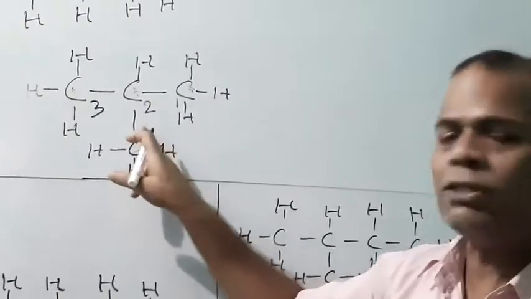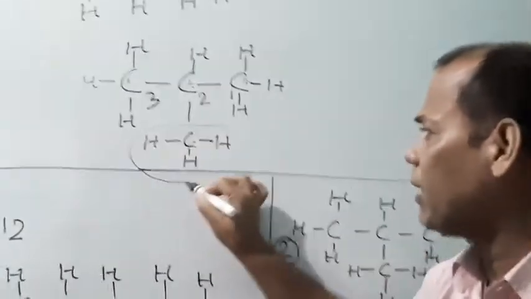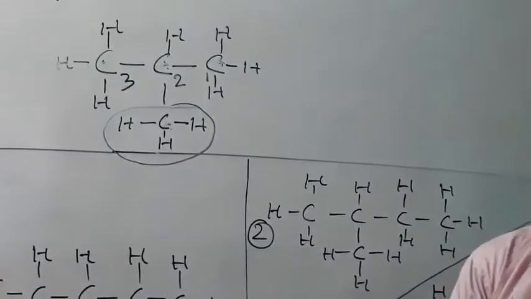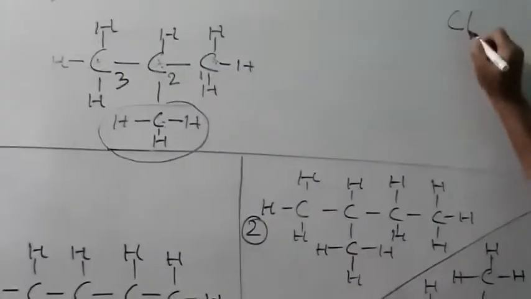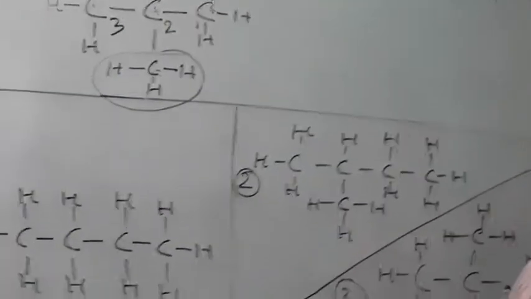This is called a branch or also a substituent. Now here you see at the second carbon one group is mentioned. This is a CH3. CH4 is called methane, but here one hydrogen is less.